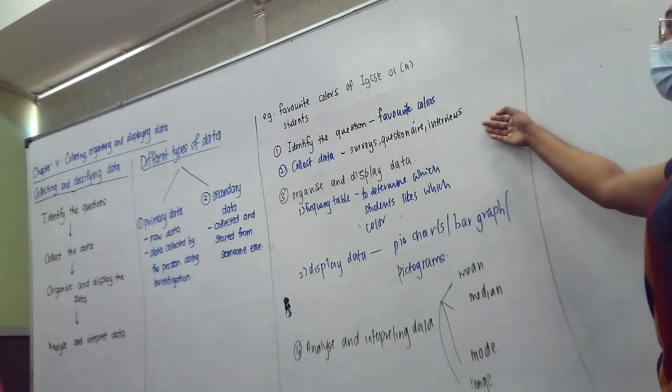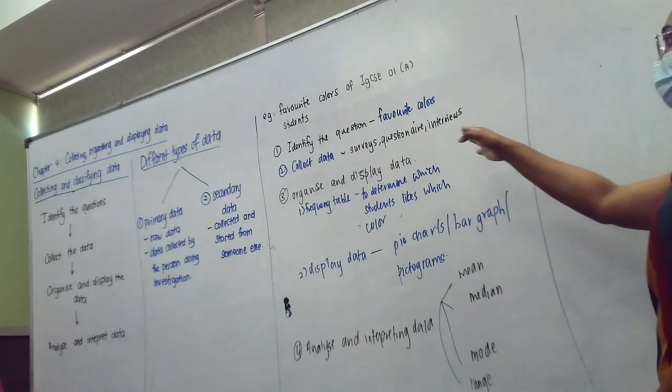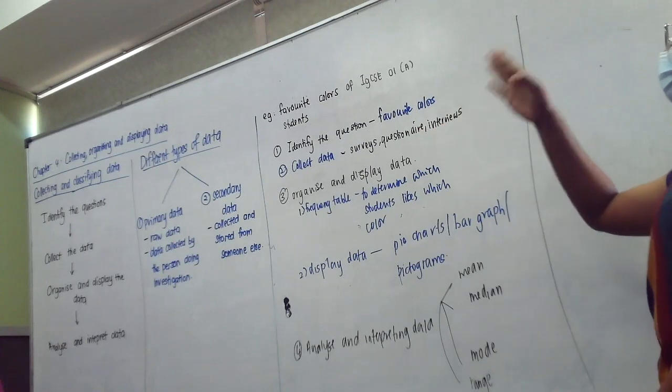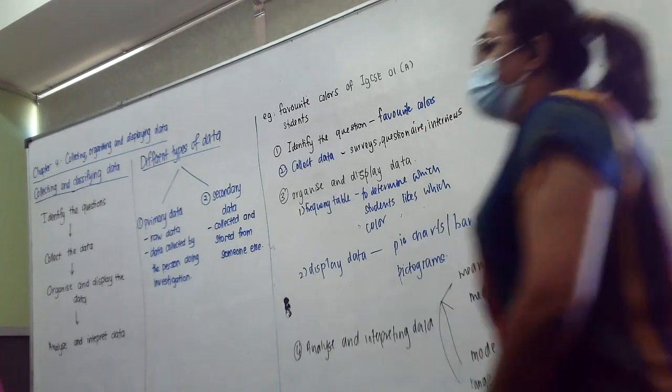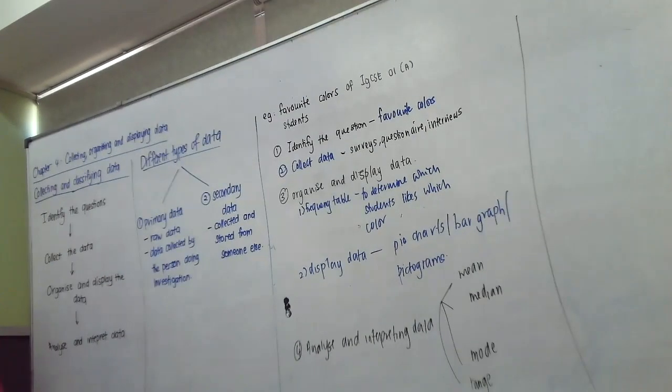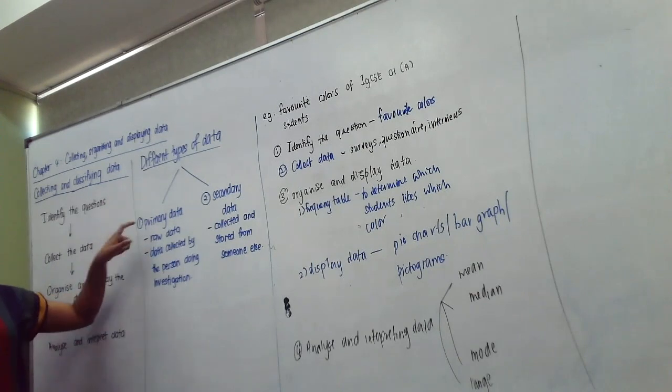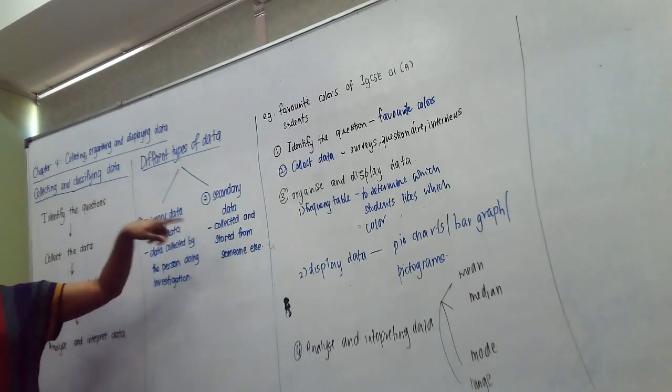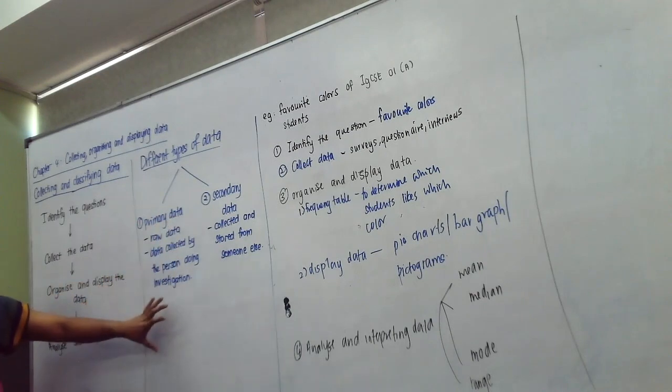Collecting data: examples are surveys, questionnaires, and interviews. To identify the questions, you have to identify what the question is about. Methods of collecting data are either primary data or secondary data. Primary data is the raw data, where you do the experiment by yourself, and it belongs to you.